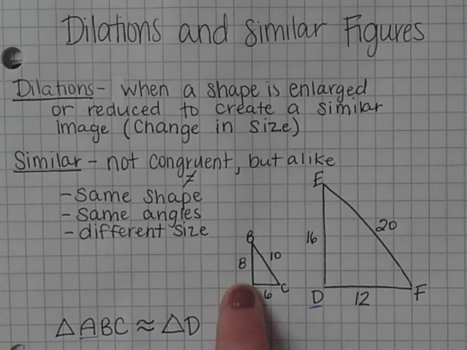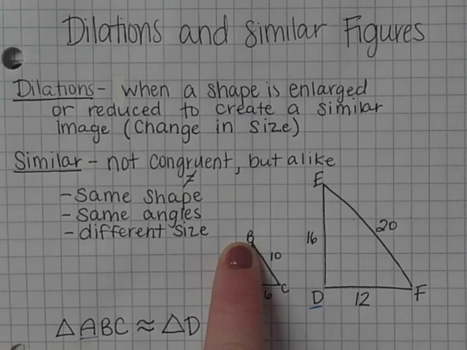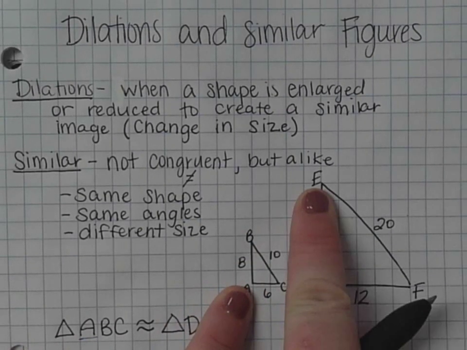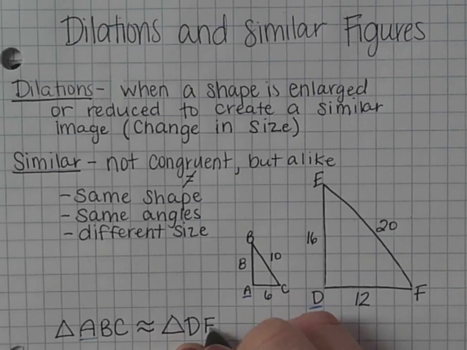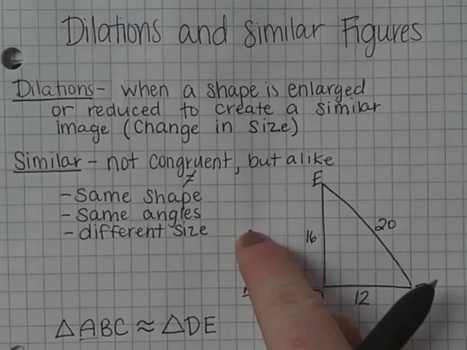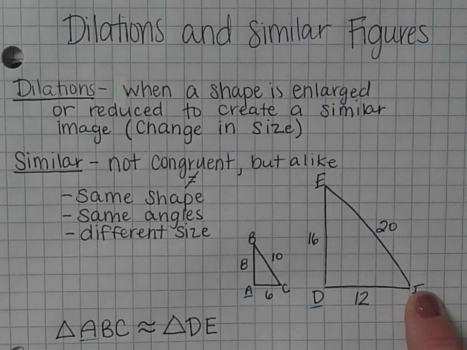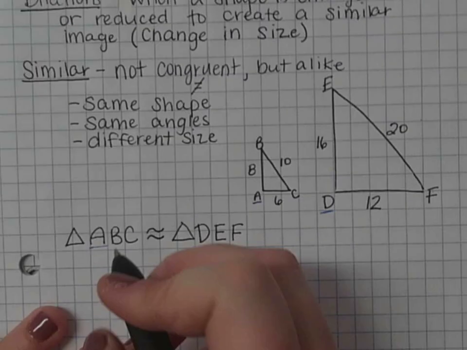So triangle A, B, C. Notice A to B is 8, D to E is 16. So D, then I would go E, and then F. So I went up a leg, down the hypotenuse, up a leg, down the hypotenuse. So D, E, F.